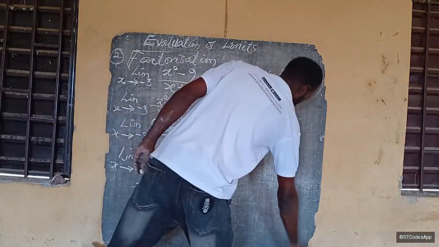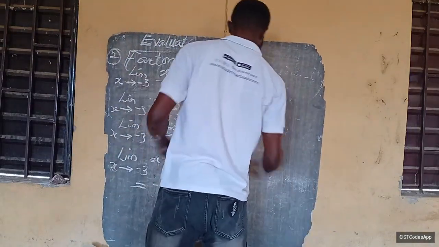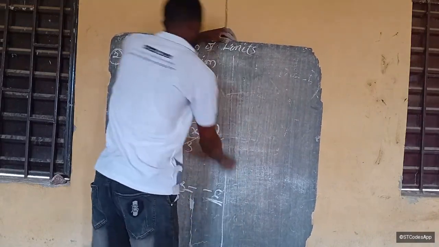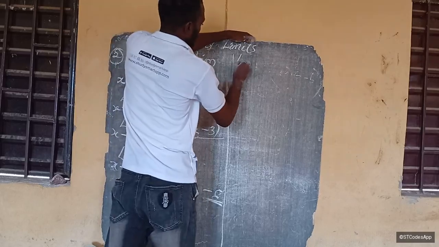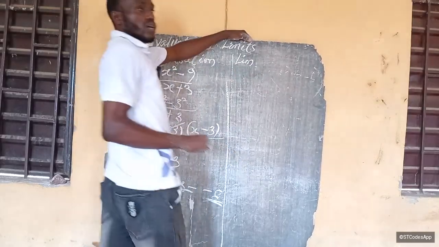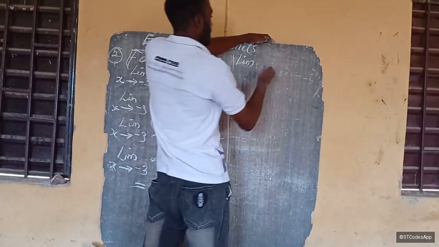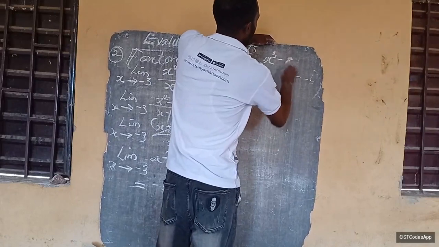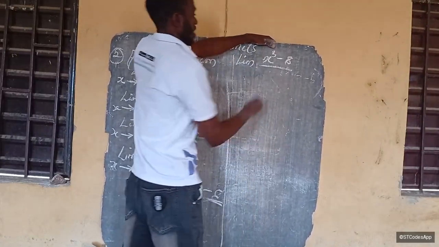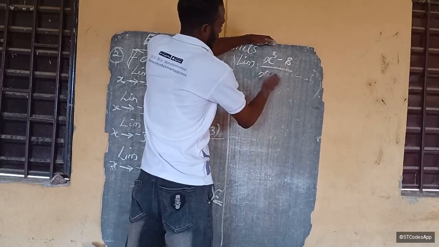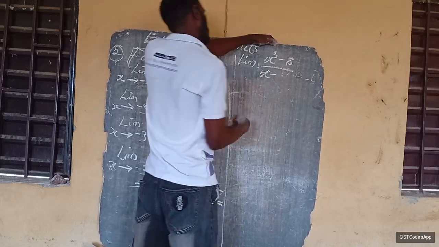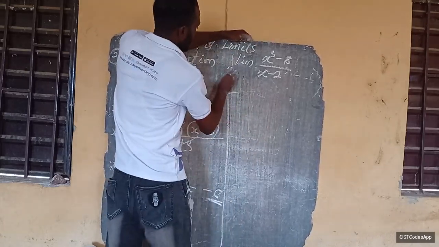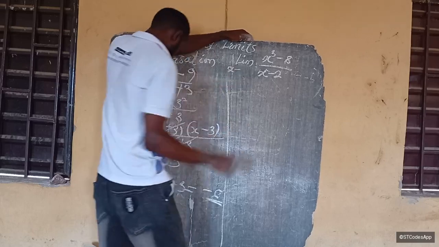Let's say we wanted to find the limit of the function x cubed minus 8 over x minus 2, in this case, as x approaches 2.